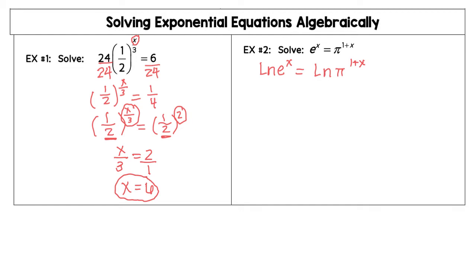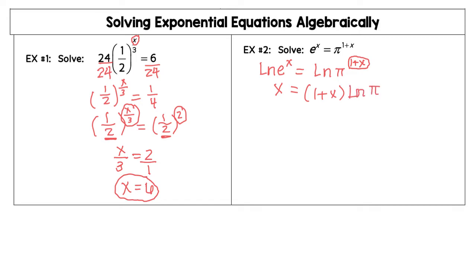Well, we know that natural log of e raised to the x simplifies down to just x, so that was nice, equals, and then we're going to move down this exponent, so that's going to be 1 plus x times natural log of pi.